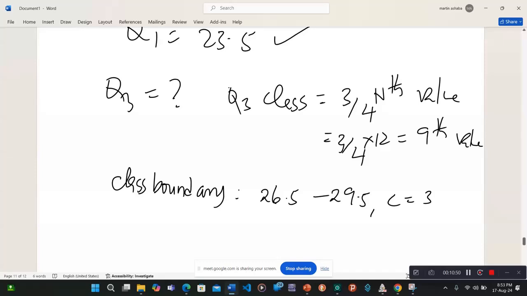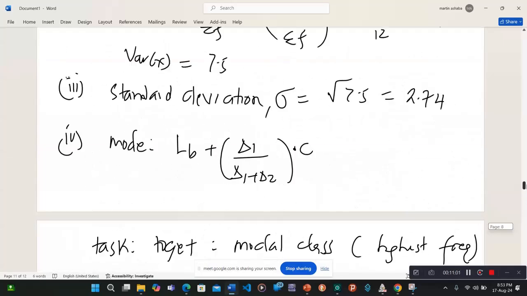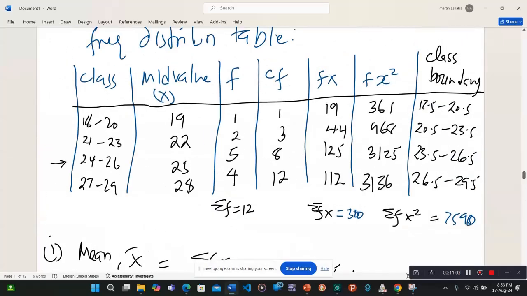What would be the cumulative frequency before the third quartile class? And the frequency is 4, and the cumulative frequency before is 8.